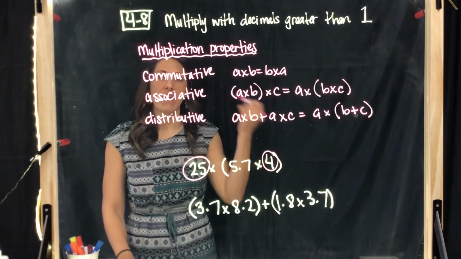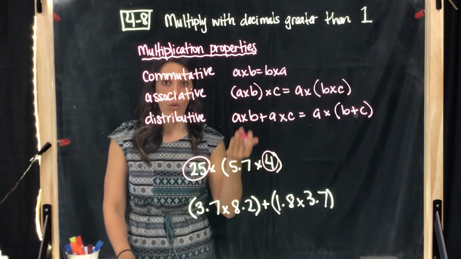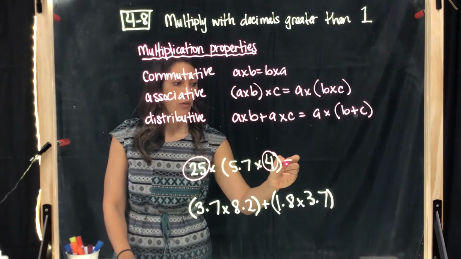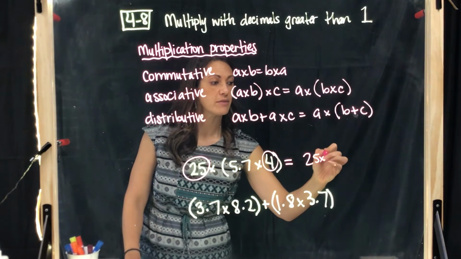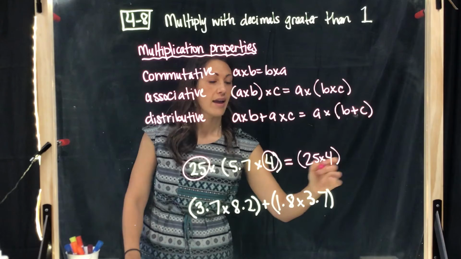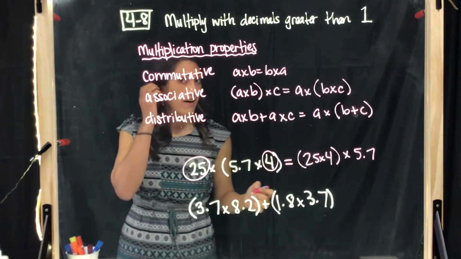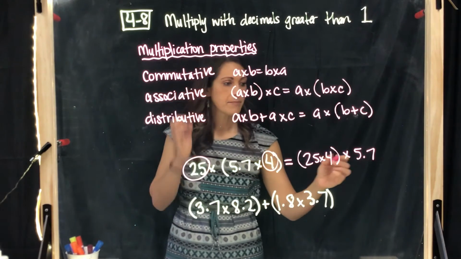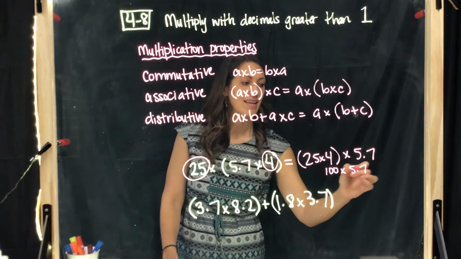Whenever I see 25, I always think of quarters, and if I have 4 quarters, I know that's $1 or 100. So I am going to choose to first multiply 25 times 4, get that answer, and then multiply that answer times 5 7/10. So that would be 100 times 5 7/10.